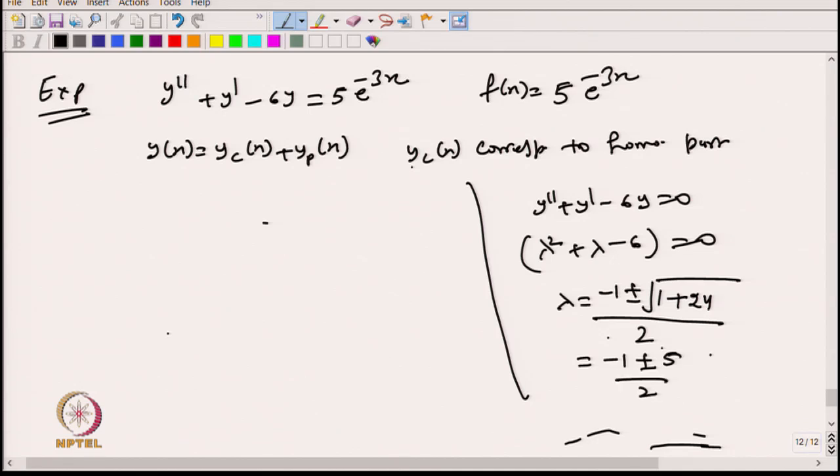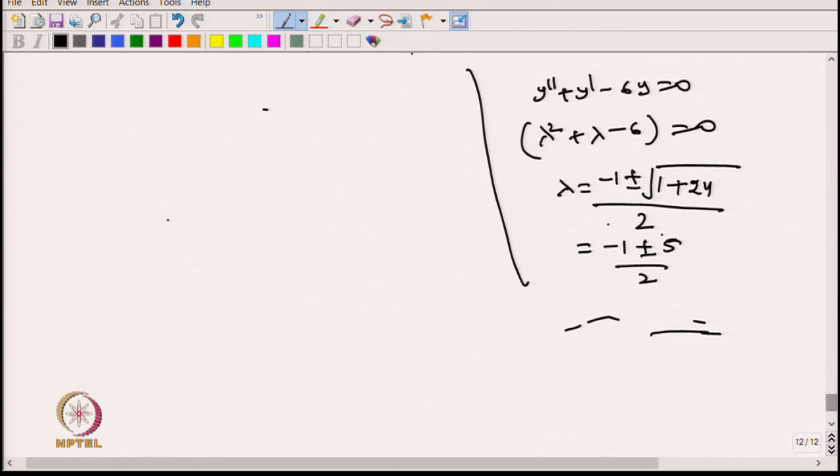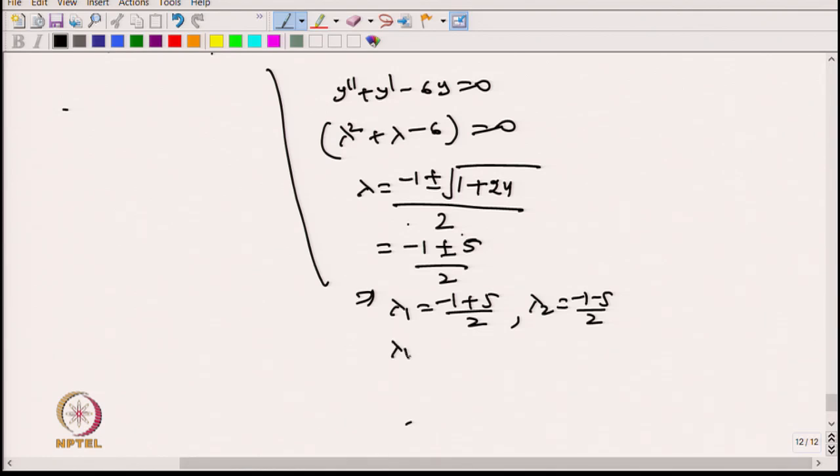So, from here I will get two roots that are real and distinct. My lambda 1 will be minus 1 plus 5 by 2 and lambda 2 will be minus 1 minus 5 by 2. So, my lambda 1 is 2 and my lambda 2 is minus 3.